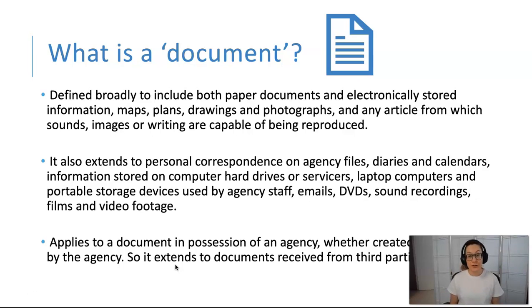It may include photographs or drawings, and it may include audiovisual items, so sounds, images, or writings that are captured in digital form. This extends to personal correspondence, such as emails, to diaries and calendars, to other information stored on computer hard drives or servers, to laptop computers, and to portable storage devices.